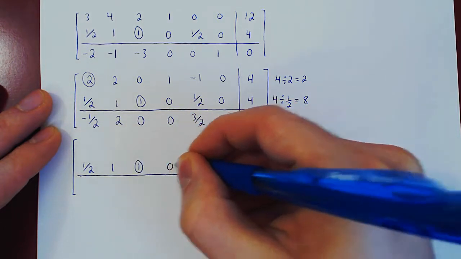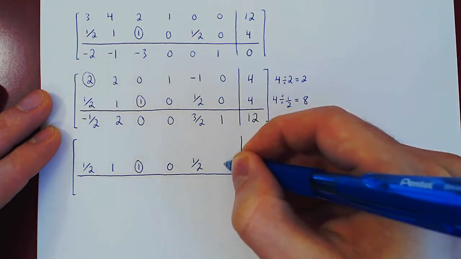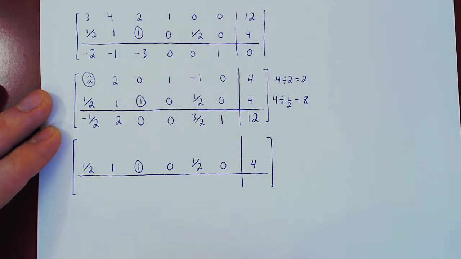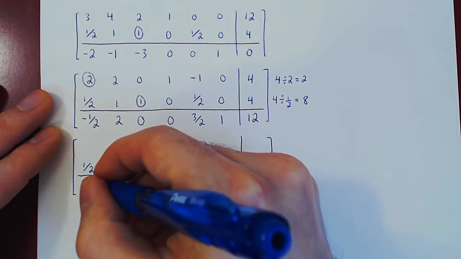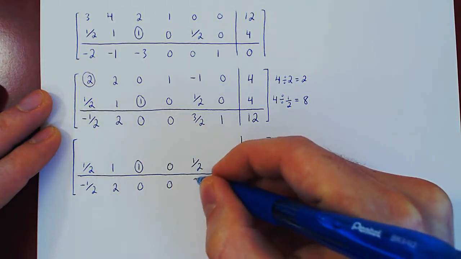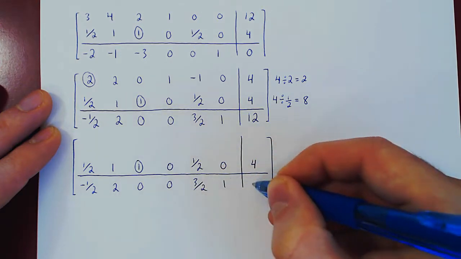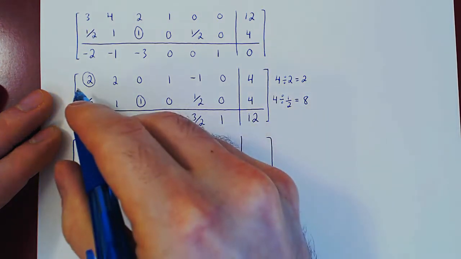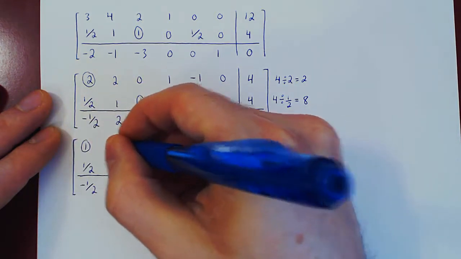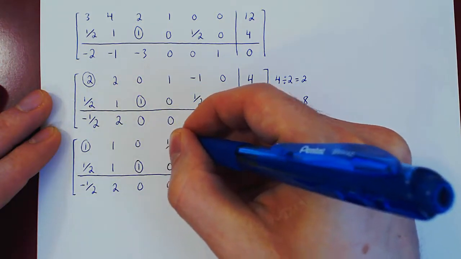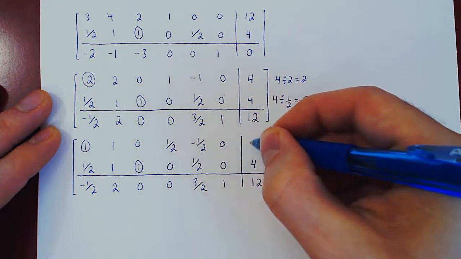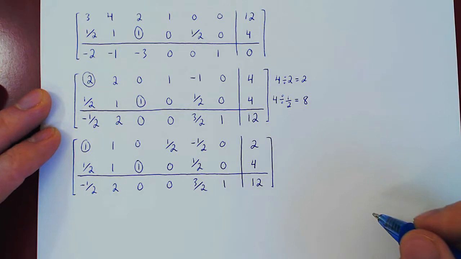Always circle your pivoting 1. And now we multiply row 1 by 1/2. So 1, pivoting 1, 1, 0, 1/2, negative 1/2, 0, 2.